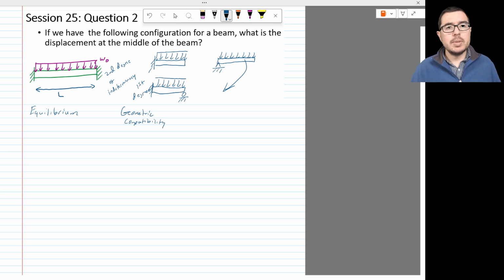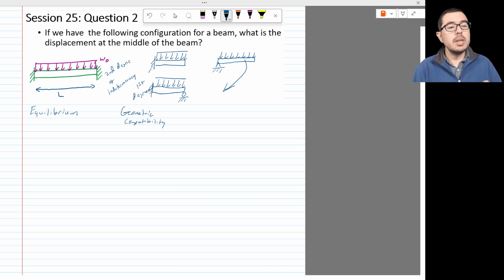For a little while, we've been mostly focusing on problems that are statically determinate, and so we've only needed to use equilibrium. But now we're getting into problems where it's indeterminate, so we have no choice but to keep track of the constituent relationships, because they allow us to solve problems that statics cannot, right?